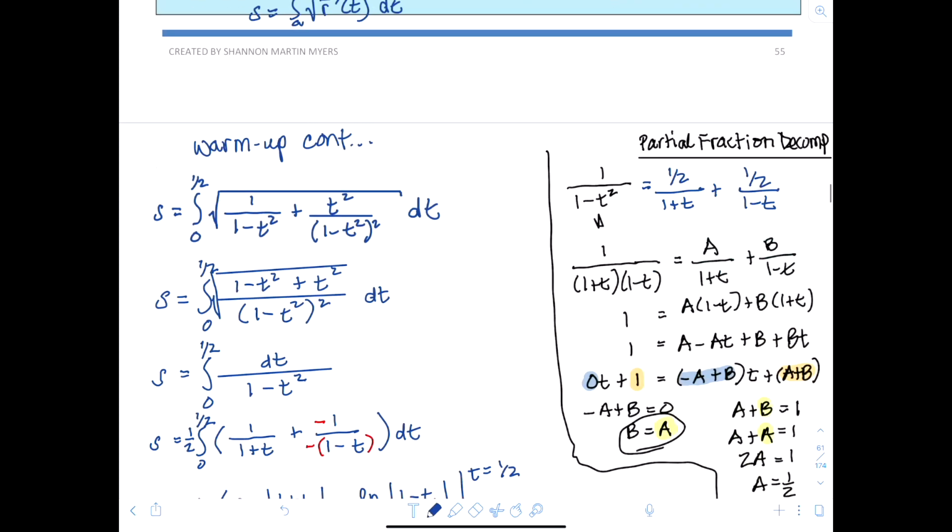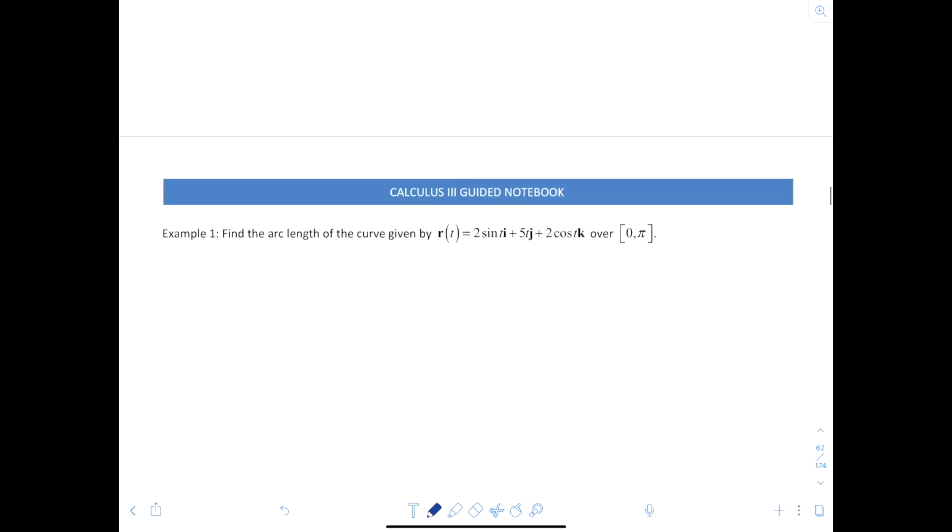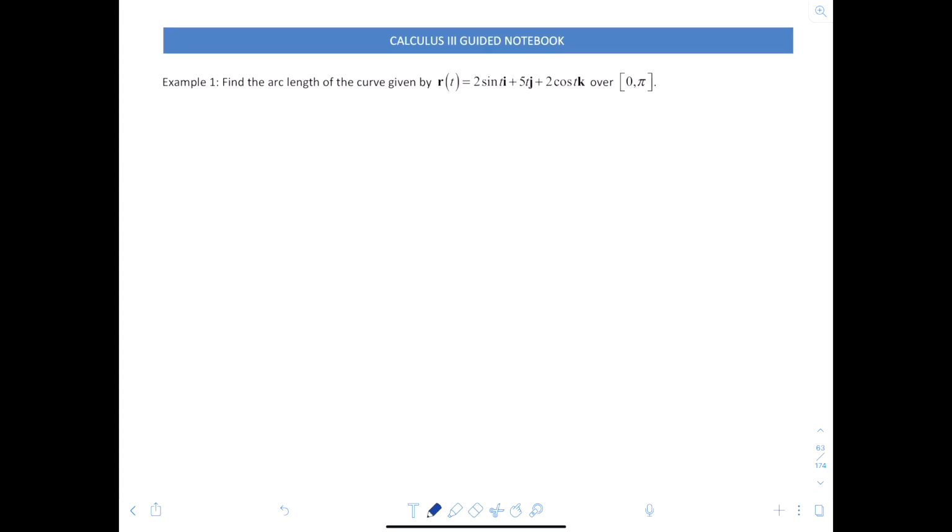Okay, so now let's check out an example. We want to find the arc length of the curve given by r(t) = 2 sin t i + 5t j + 2 cos t k, going from 0 to pi.